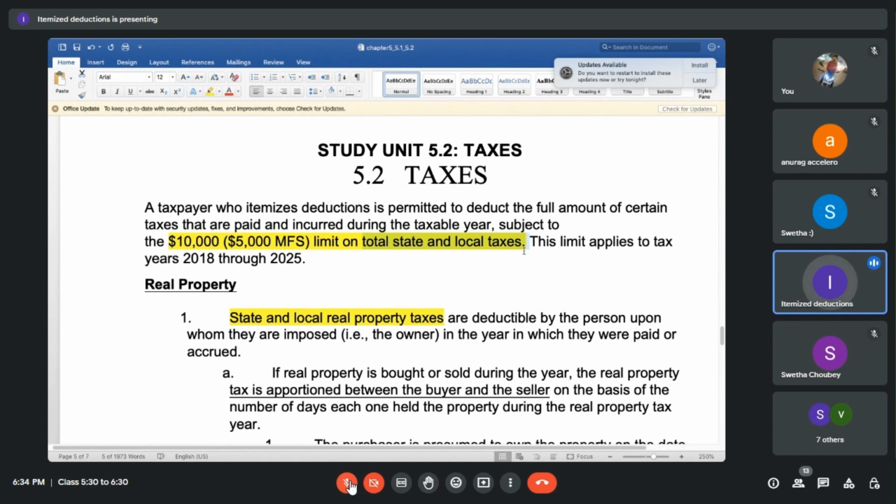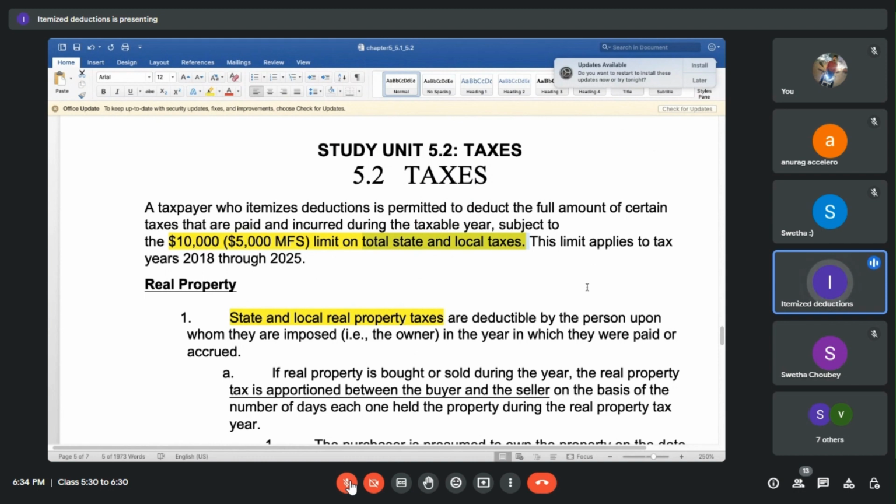Earlier, Form 1040 used to say that whatever taxes you're paying to the state government, you could be a resident of California or New York or some other state like Georgia, wherever you are, if you're paying some taxes there, IRS will allow a deduction for that. People in California and New York, those are the two richest states. The income levels are very high there, but the taxes are also very high. It's very common for us to see people paying around $40,000-$50,000 just for state taxes.